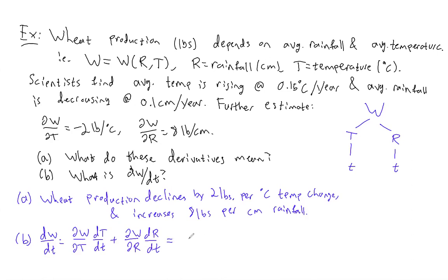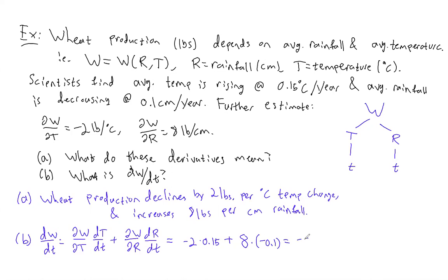Now, in this case, del W del T, we're told, is -2 times dT/dt. That's the amount of change in temperature per year, which is 0.15, because it's increasing at 0.15 degrees Celsius per year, plus 8 for del W del R, times, now the average rainfall is decreasing at 0.1 centimeters per year, so it's times -0.1.